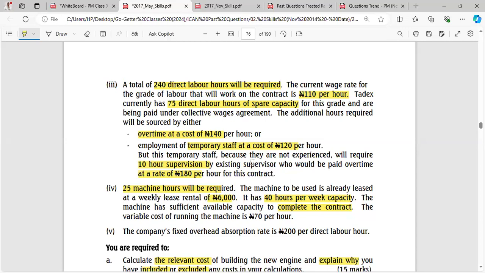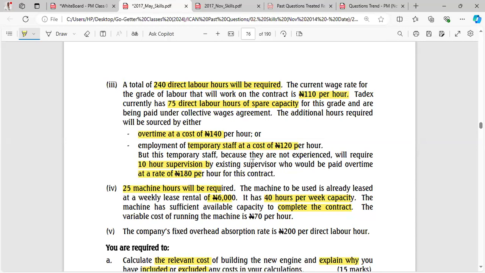That's why they said the machine has sufficient available capacity to complete the contract, meaning that for the 40 hours per week, the machine can only be leased for about 15 hours max. So the 25 hours required can be gotten from it.